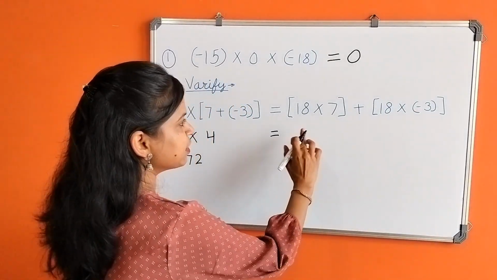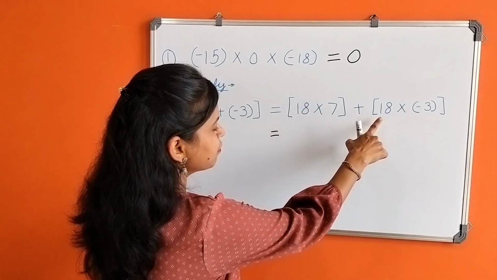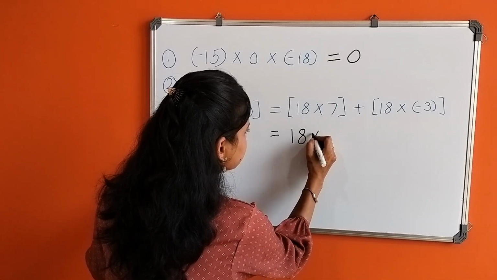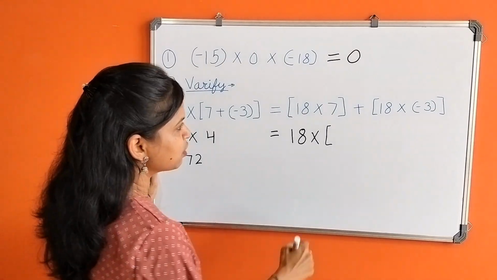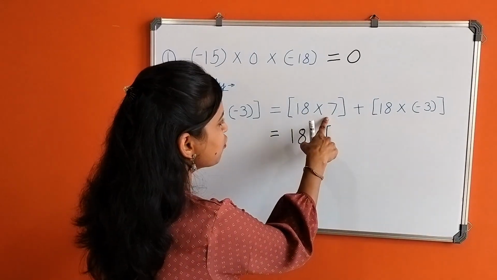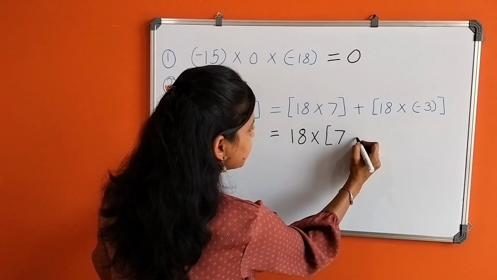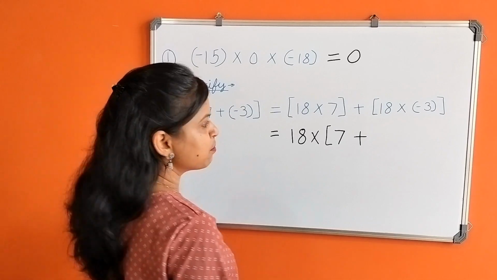We will take out the common number. 18 is common, we will take it out. Then we will multiply it with the remaining numbers. From this group, what is remaining? 7. And the addition sign is there. From this group, what is remaining? Minus 3.